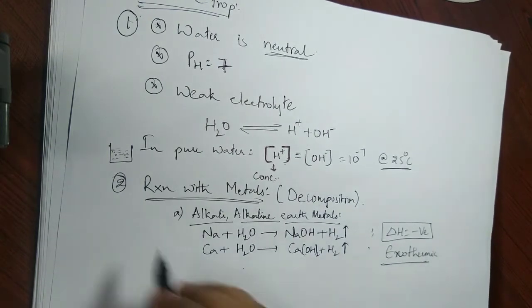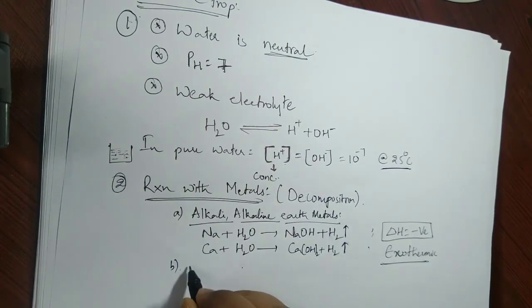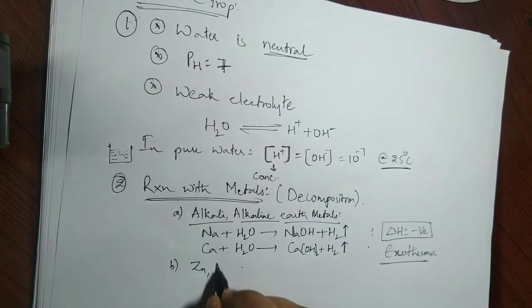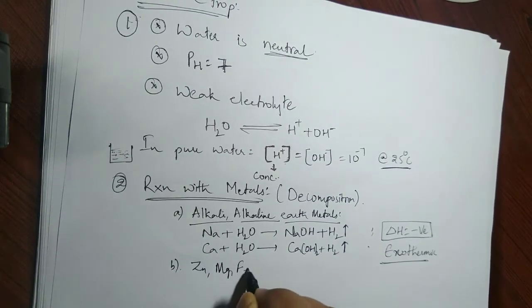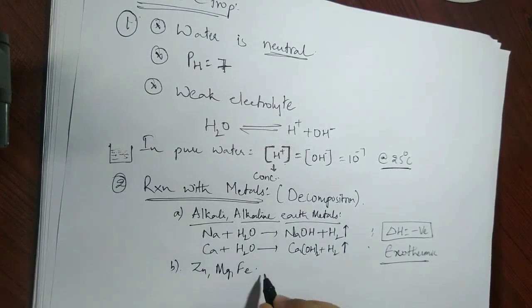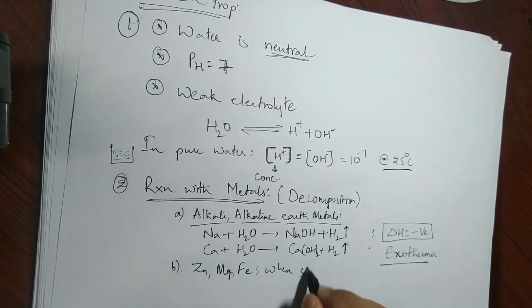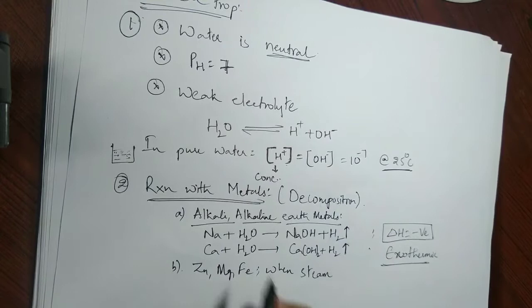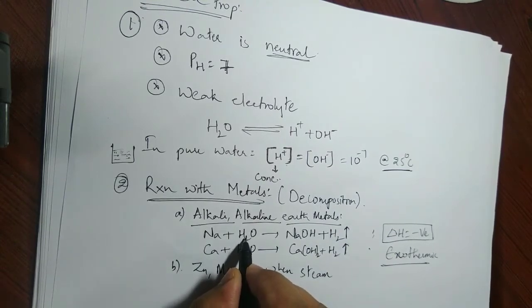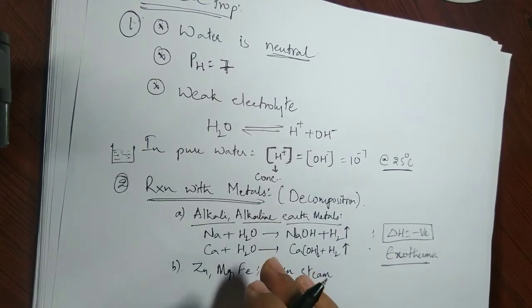Fine. And this is one way, and there is another set of metals, like zinc, magnesium, iron. Okay, these metals, when steam is passed, even the moisture, cold water is also not necessary, moisture is also enough.